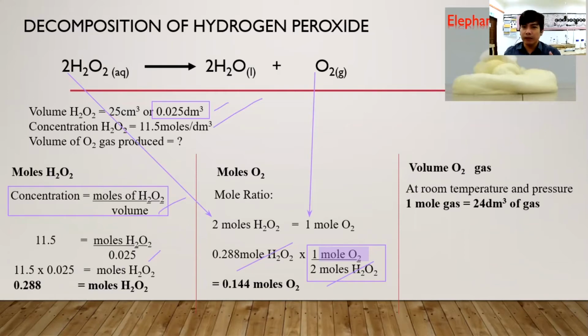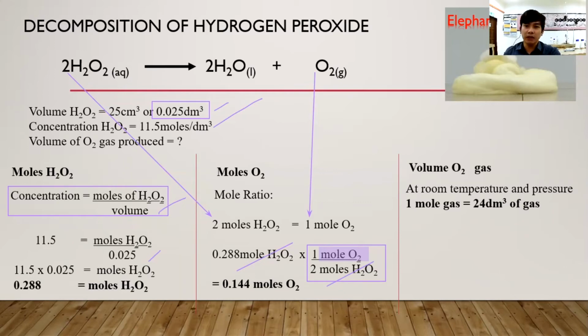RTP means room temperature and pressure. In the exam, they will show you that RTP or at RTP, at room temperature and pressure. So in terms of gas, 1 mole of gas is equal to 24 decimeters cubed of gas.